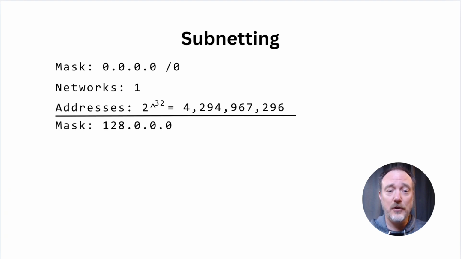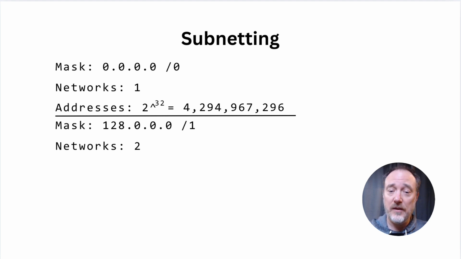The next largest network would be if we had one network bit in the subnet mask. So that would have a subnet mask of 128.0.0.0. This would also be a /1, and we would be able to have two networks in this case. So the number of unique addresses would be 2 to the power of 31 because there would be 31 host bits.